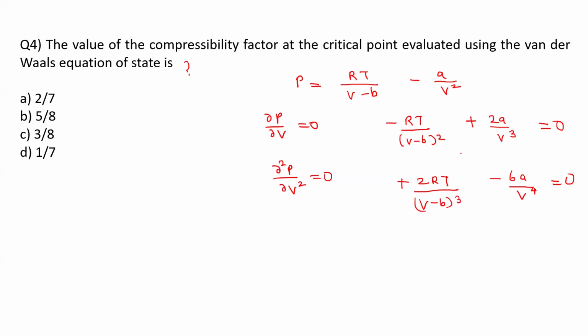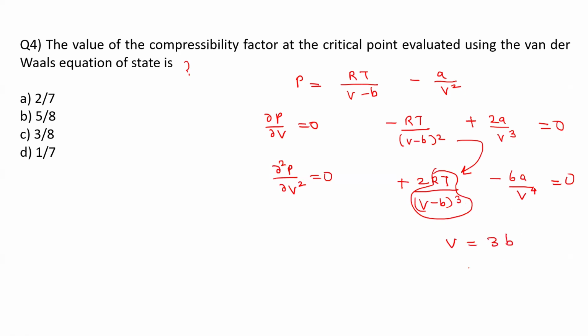If you substitute RT/(V − b)² from here, then we will get Vc = 3b.